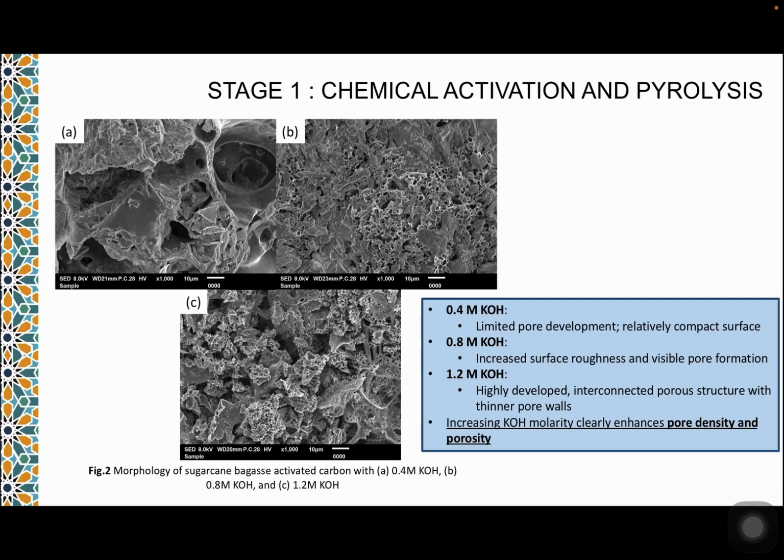When we increase the molarity of KOH to 0.8, we can observe an increase in surface roughness and visible pore formation. And finally, when we increase it further, we can observe a highly developed interconnected porous structure with thinner pore walls. From this, we can say that increasing KOH molarity clearly enhances the pore density and porosity of the activated carbon.